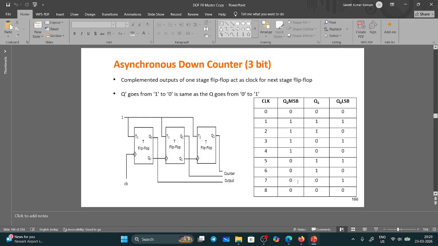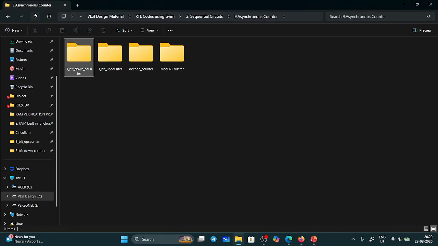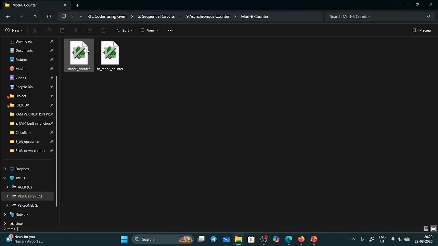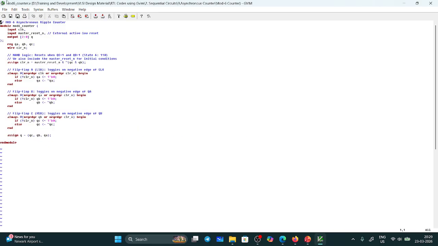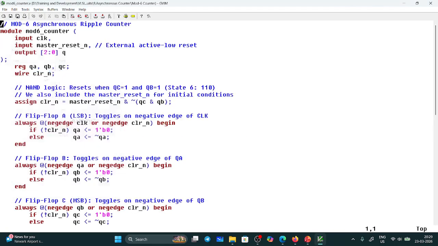So next, coming to the mod 6 counter, we already designed it. We designed the reset logic, that is a NAND gate, given to QB and QC. So I designed the mod 6 counter also. If you see the mod 6 counter, I need to declare input clock.